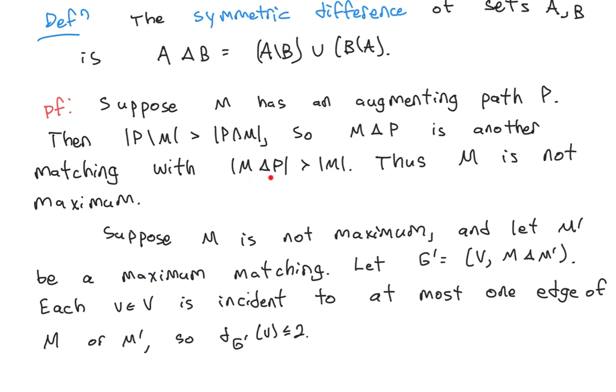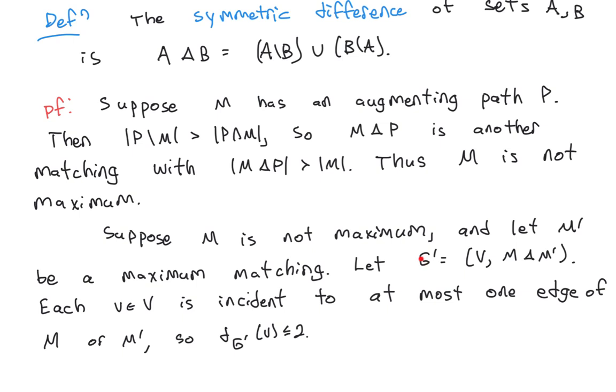And the reason why this symmetric difference is larger is because we've taken the path and now we've added the non-matched edges into our new matching and removed the matched edges from P. So we swapped the colors red and black on the path. All right, now to prove the converse direction, let's suppose M is not maximum, and let M' be a maximum matching.